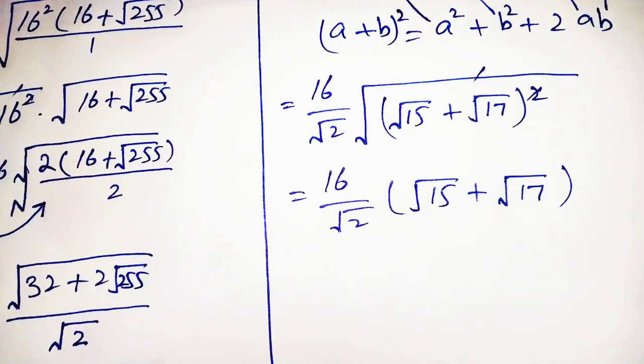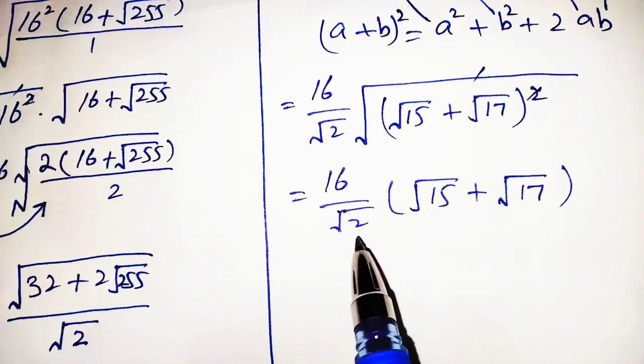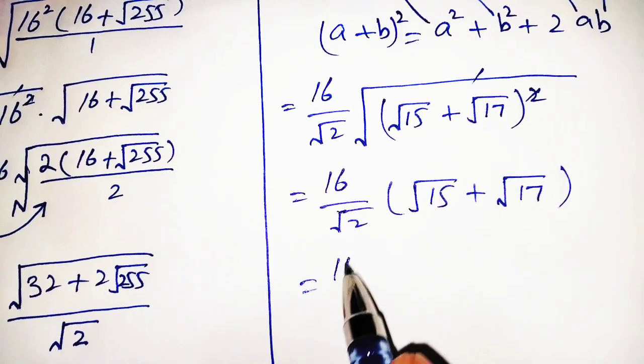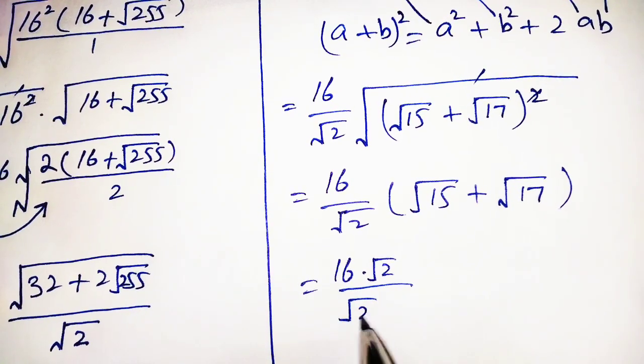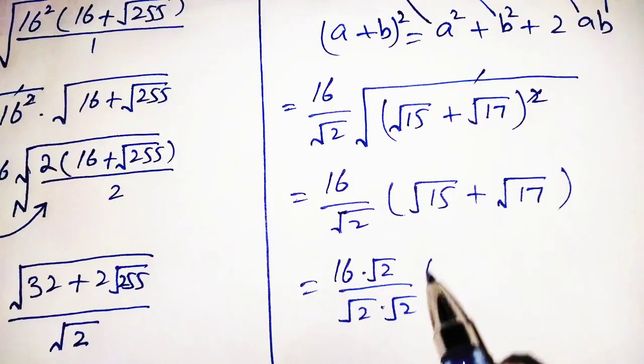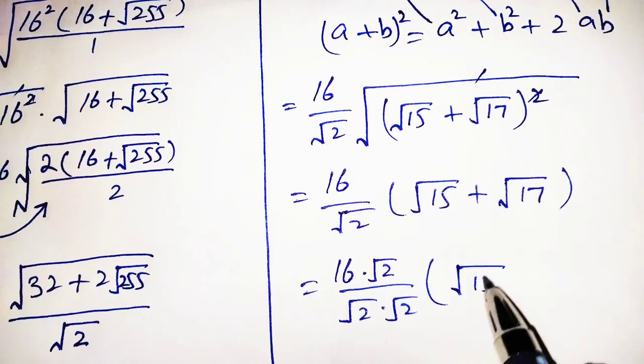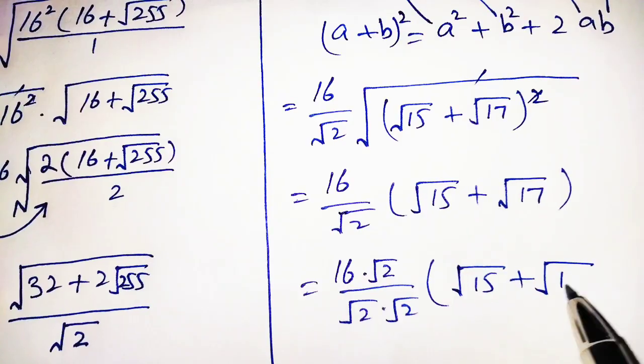Now to solve it, we will rationalize this square root of 2 as 16 times square root of 2 over square root of 2 times square root of 2 into square root of 15 plus square root of 17.